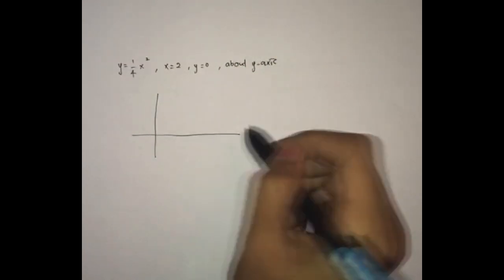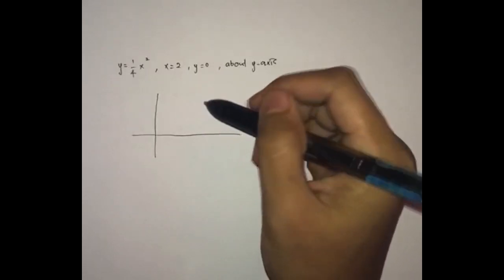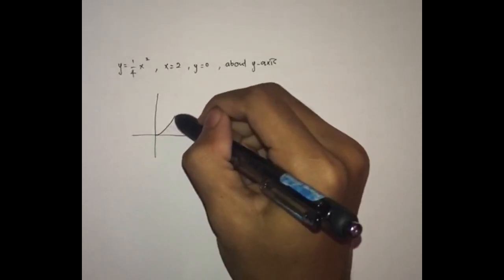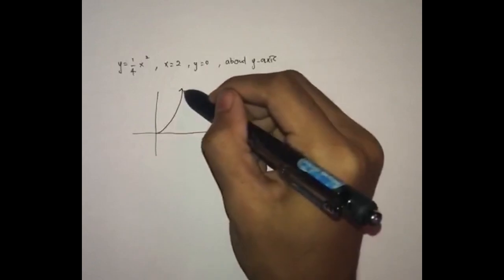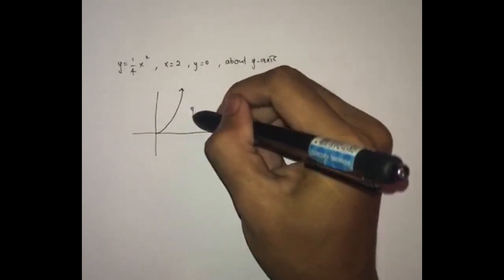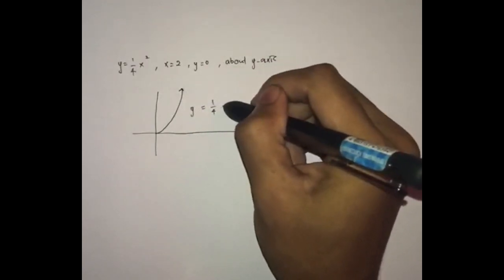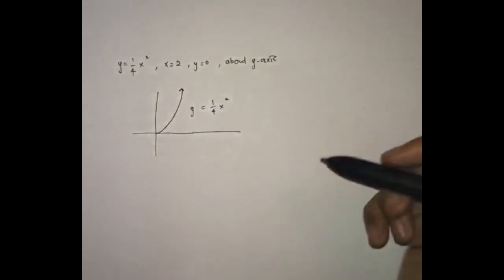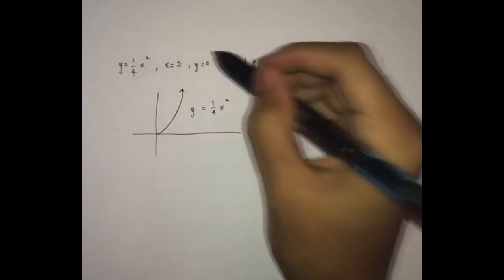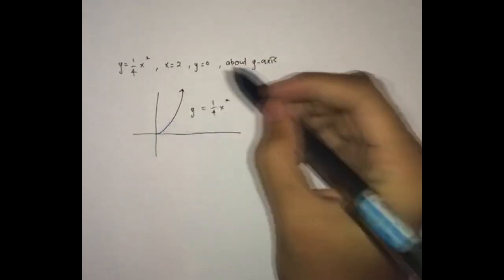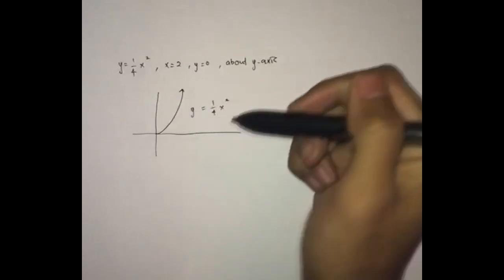So first we have to sketch the graph. y equal to 1 over 4 x squared will be like this. So the given points are y equal to 0 and x equal to 2.